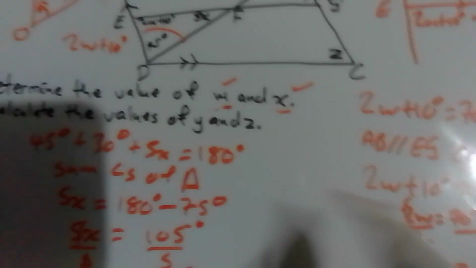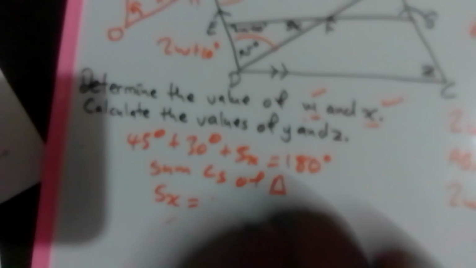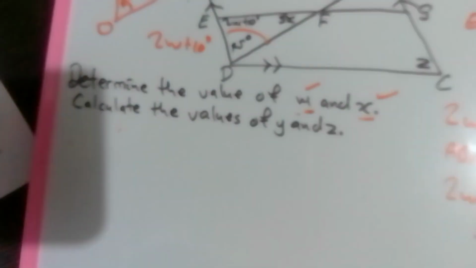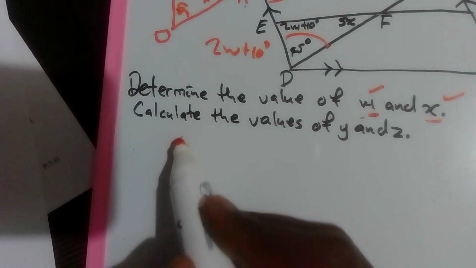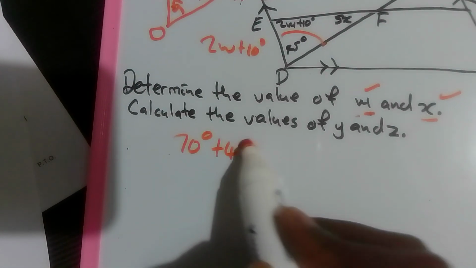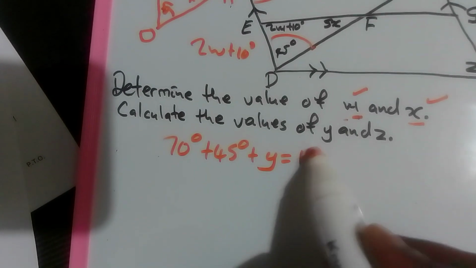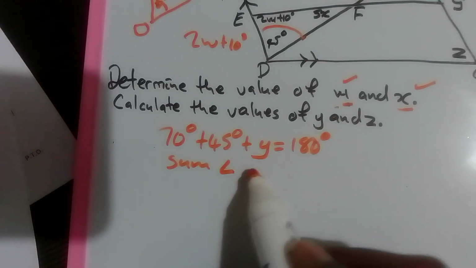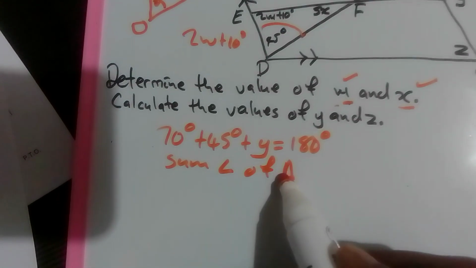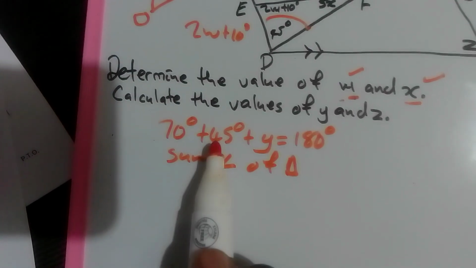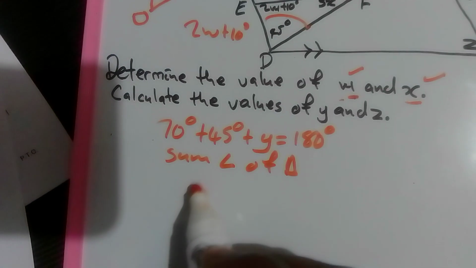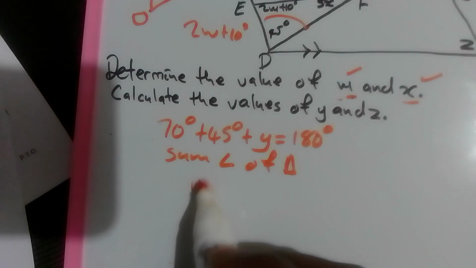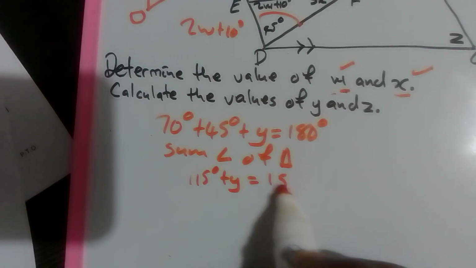So now I'm going to say 70 degrees plus 45 degrees plus y is equal to 180, and my reason is sum of angles of a triangle. 70 plus 45 gives me 115 degrees. So I've got 115 plus y is equal to 180.